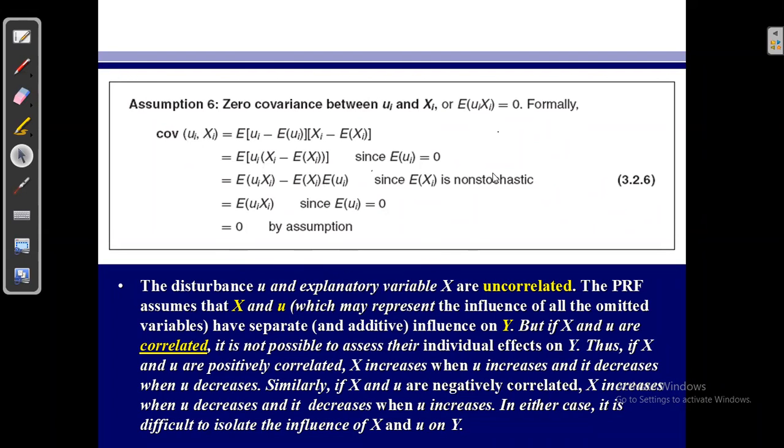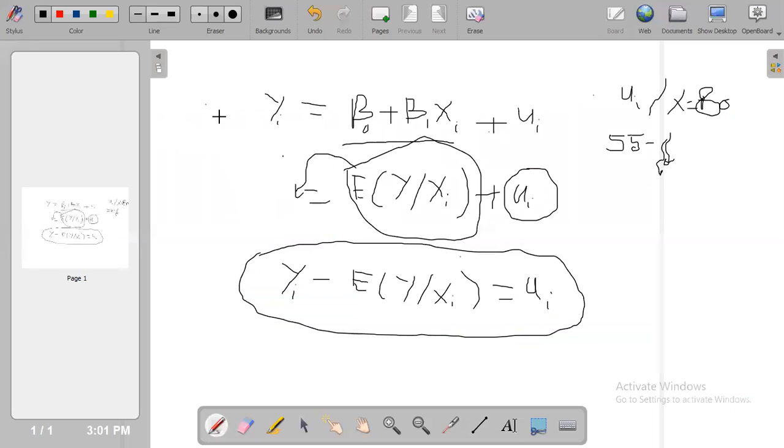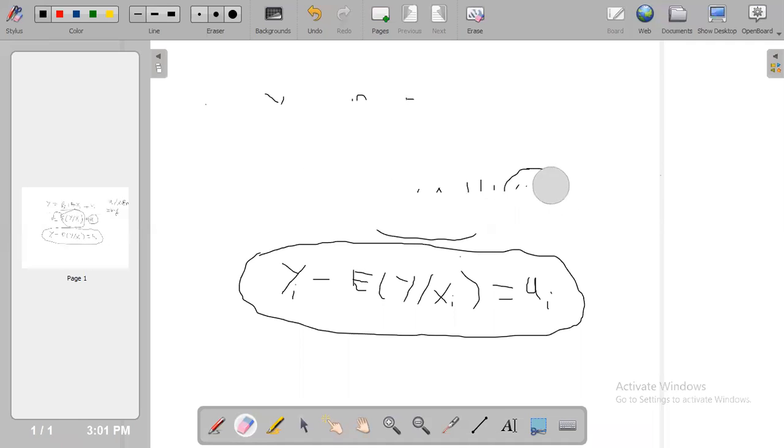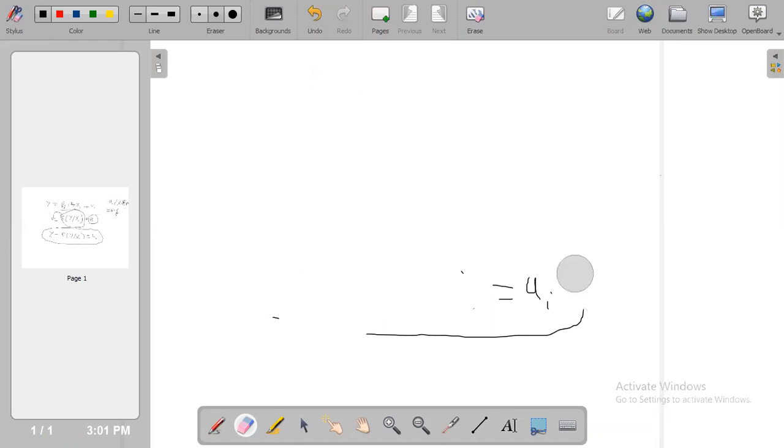What is the practical meaning of this? The practical meaning of this is that if you have a model, like for example, if you have a regression model involving, for the time being, simple one x variable, so imagine that you have a model like this.